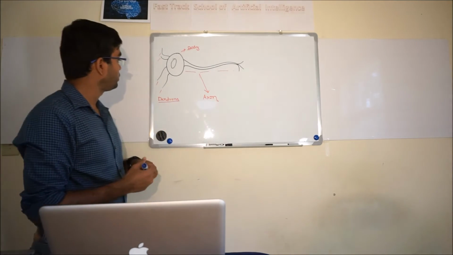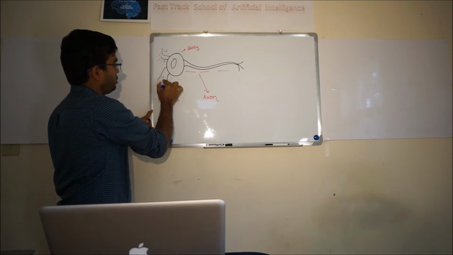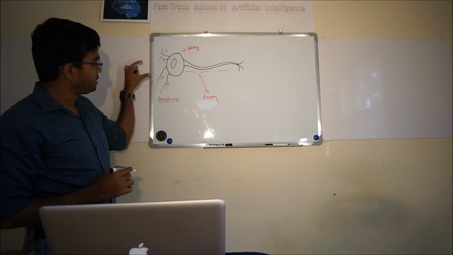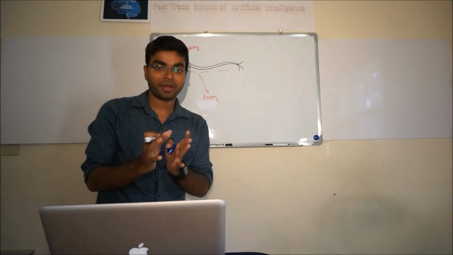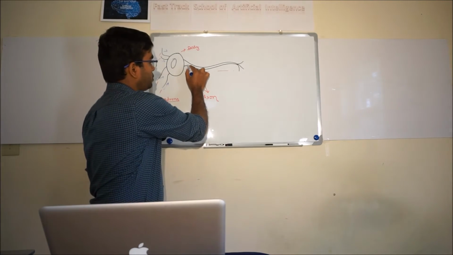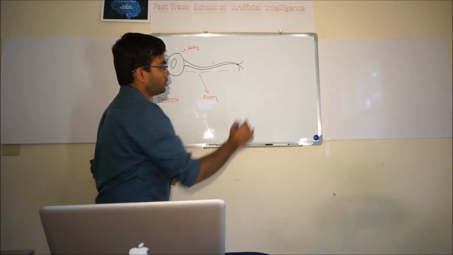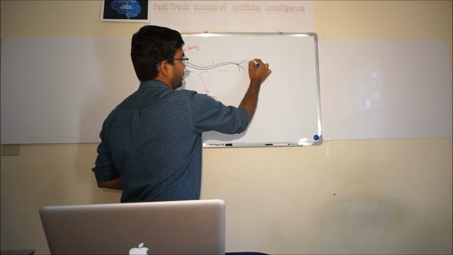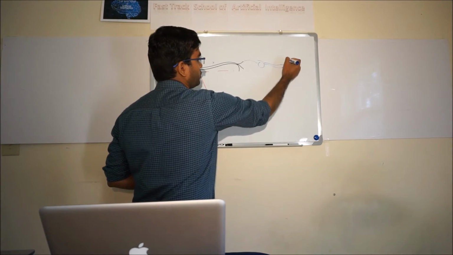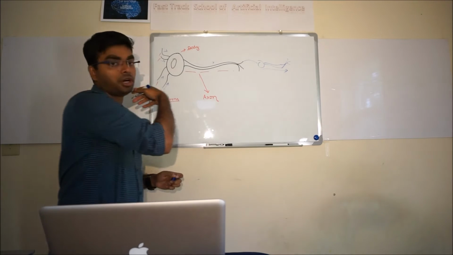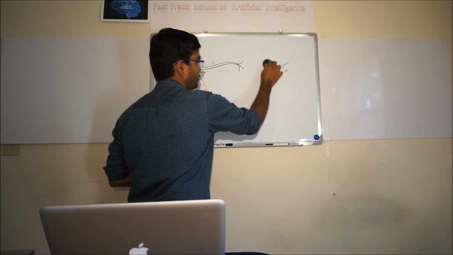It takes input through these dendrons, sends everything to the body, and the body processes it, creates some kind of signal, and then sends it through the axon to the next neurons. So you can expect another set of neurons which take input from here, do the processing, and pass it to another set of neurons. This is how information is transferred. We are not interested in this part as of now.